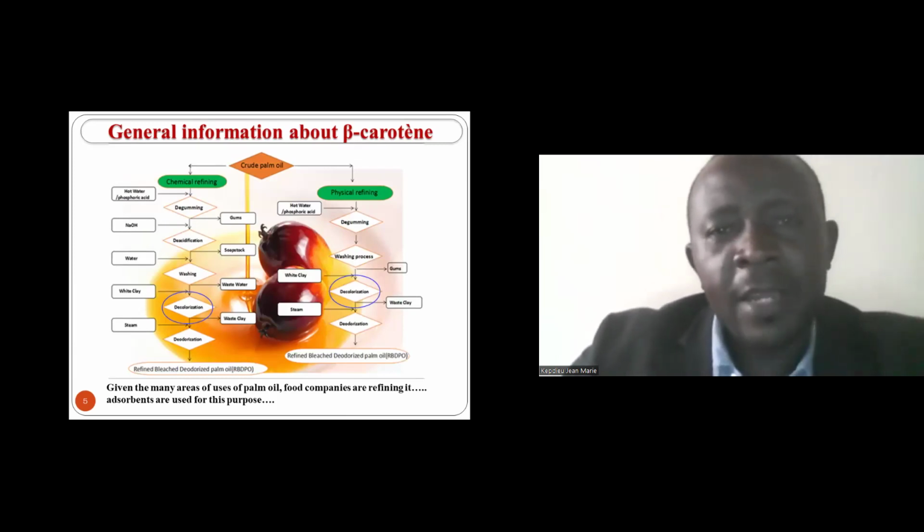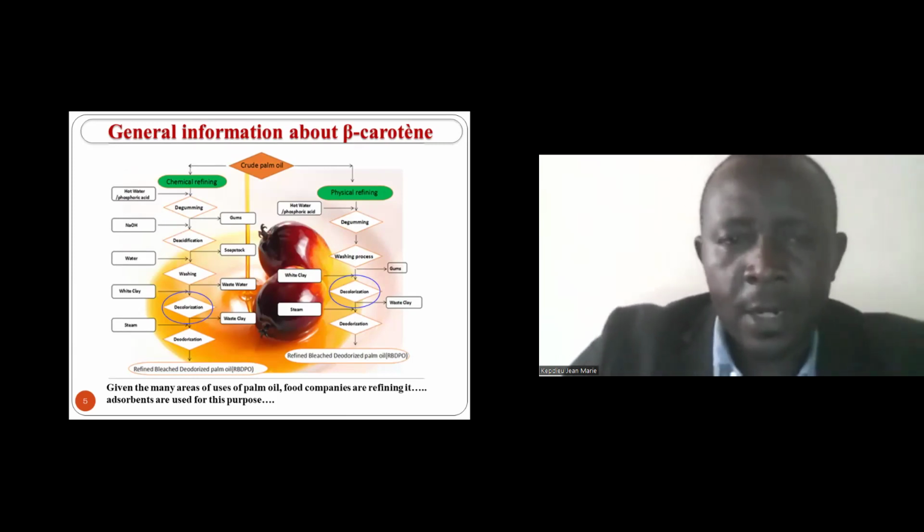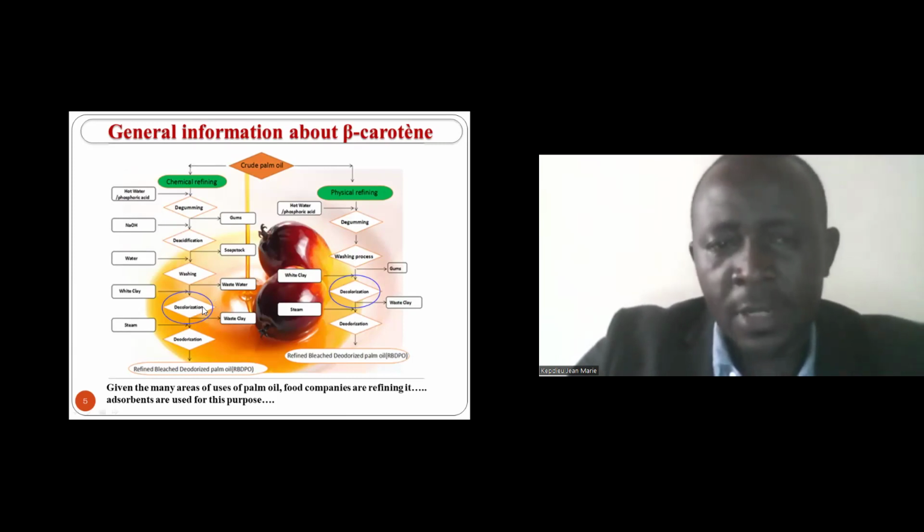In the palm oil refining process, either in the chemical or physical refining process, the decolorization, that means the removal of the color compounds, is one of the crucial steps.